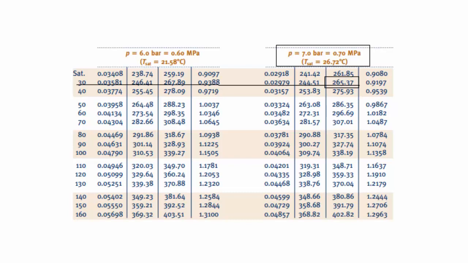So at 30 degrees we will use 264. As you can see, the 40 Celsius value is 275, so there is a difference of 3 or 4 between 1 degree. So we will use the 264 value.